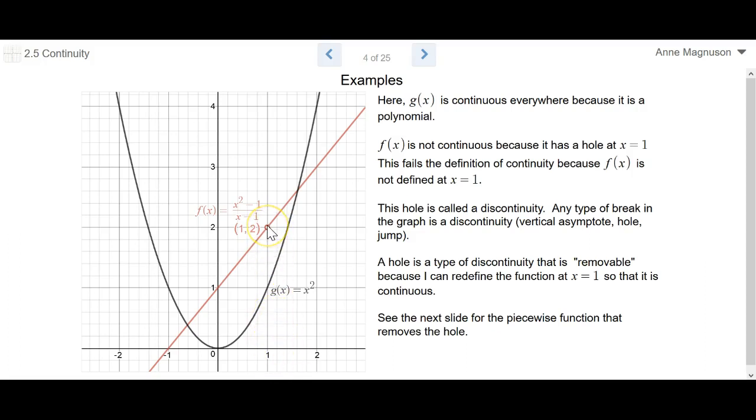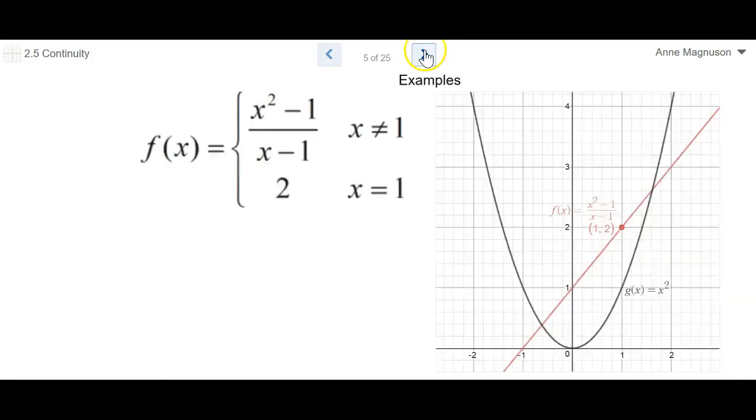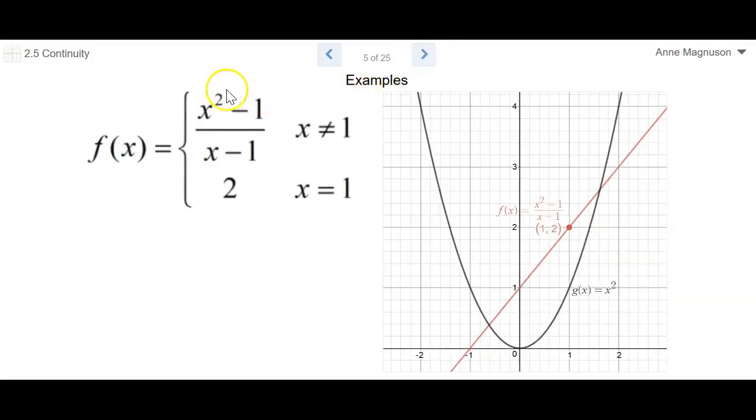I can define it as y equal to 2 with a piecewise function, and then I've removed the hole. Piecewise functions are handy things to use when you're talking about limits and continuity. I've said, okay, when x is 1, just make y 2. And now that hole's gone. So that's an example of a removable discontinuity. It's just a hole.